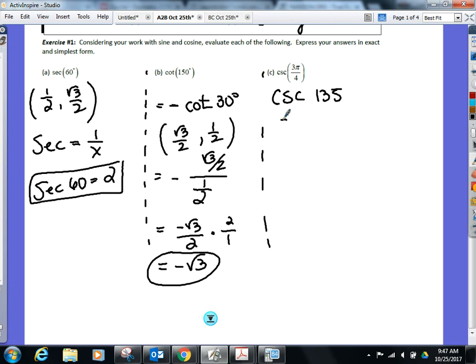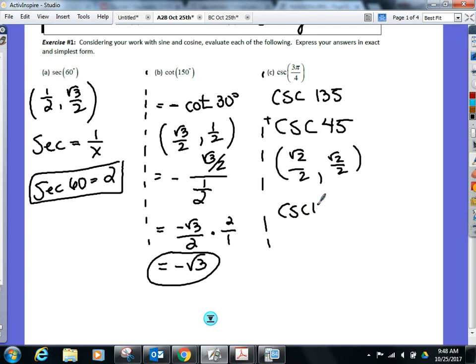So this is the same as cosecant. If you want to put a little plus sign out to make it nice and neat, fine, I don't care. Reference angle: 45, yep, 180 minus 135. Where does the unit circle hit 45 degrees? That's the easy one. Radical 2 over 2, radical 2 over 2. And now, Allie just told us, cosecant is the reciprocal of sine, which is usually what coordinate? I know it doesn't matter here, but the y coordinate. So I'm going to take the y coordinate and flip it.